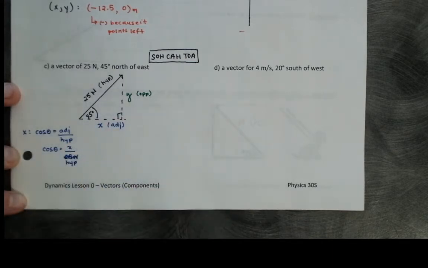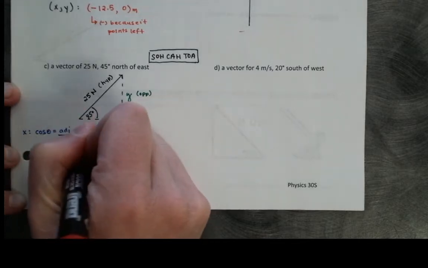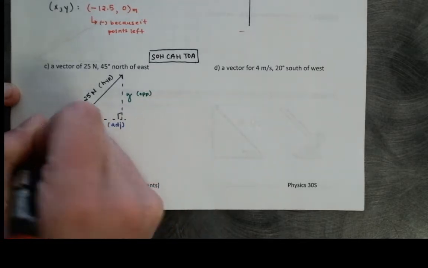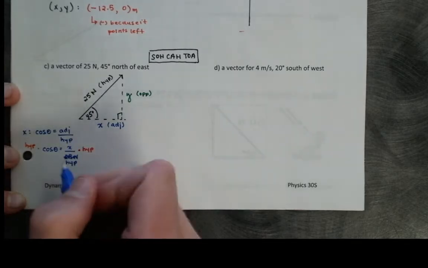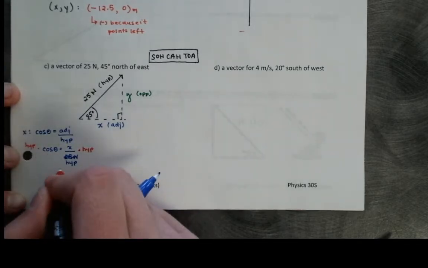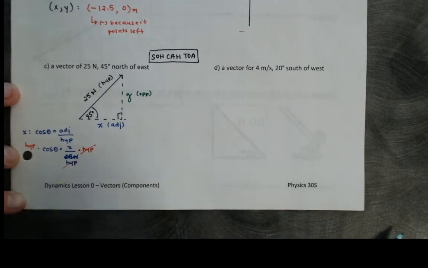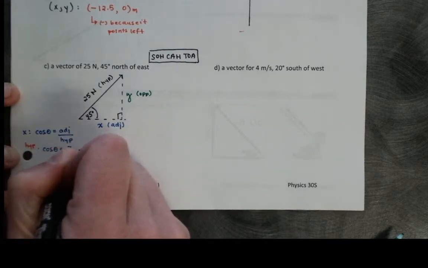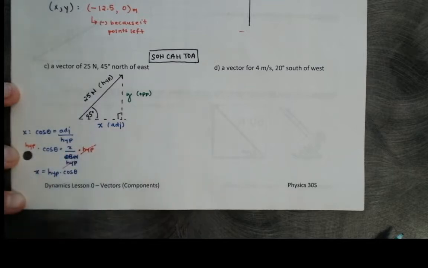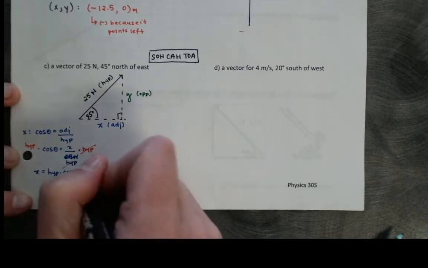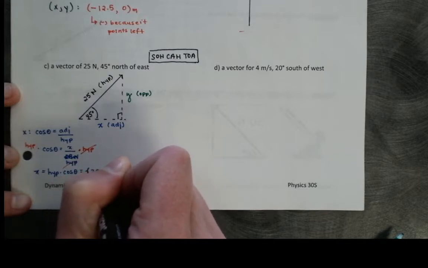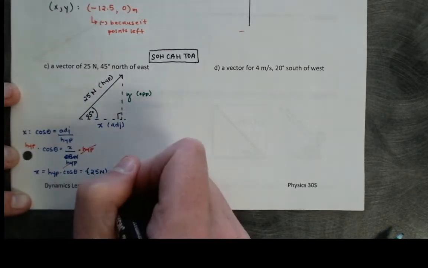We're going to rearrange the equation so that we have x by itself. So to get x by itself, we're going to multiply both sides by hypotenuse. That means that on this side, hypotenuse cancels out, and we're left with x is equal to hypotenuse times cos of theta. All right, well, let's put our numbers in now. Hypotenuse is 25 newtons, right?